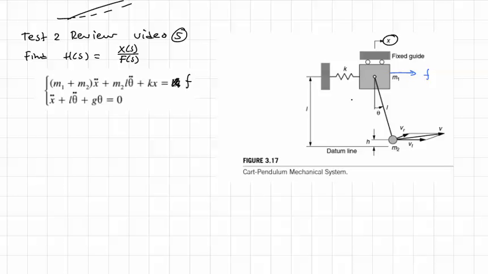We don't need to know anything about that other than the differential equations provided for us. The input to the system is this external force F. Imagine you apply a force to this system, and you're wondering how the displacement of the cart, X, responds to that force.